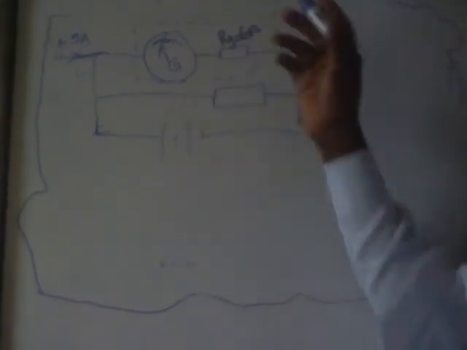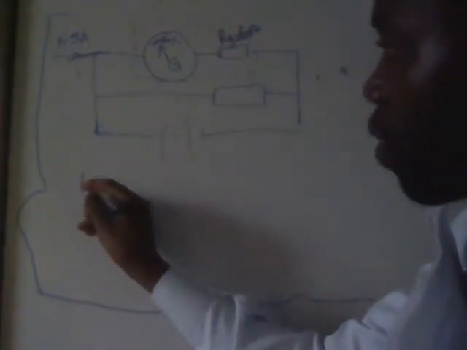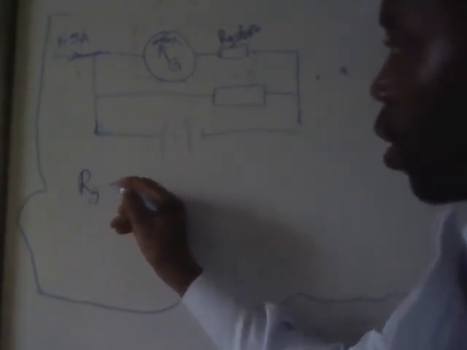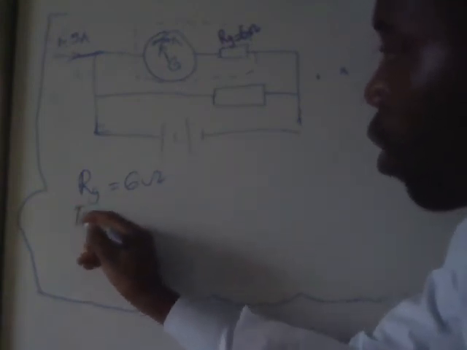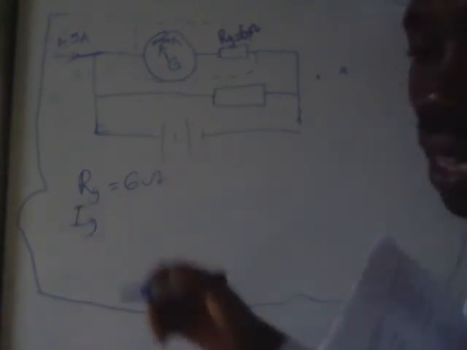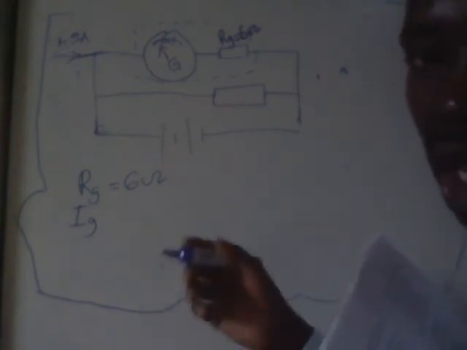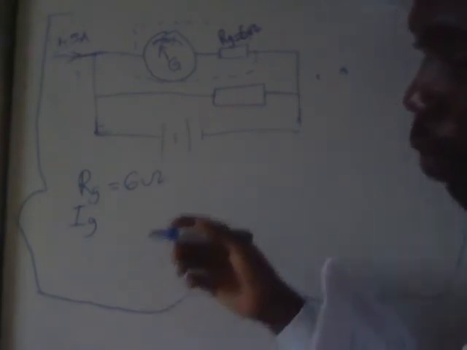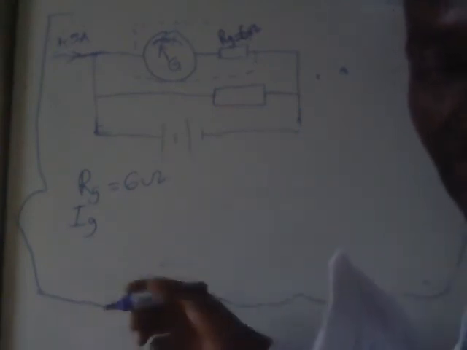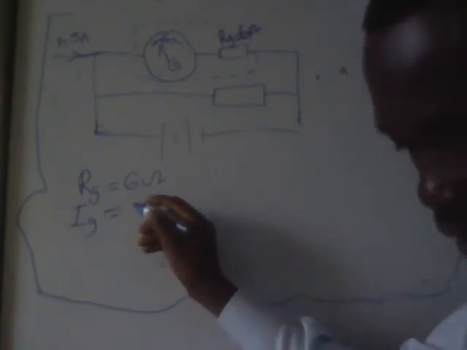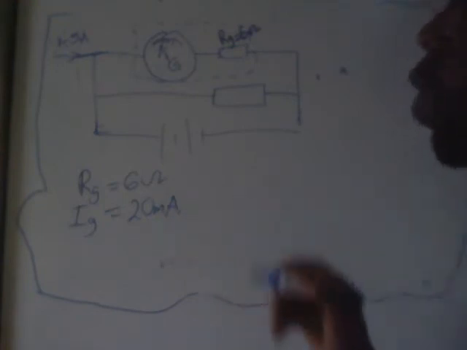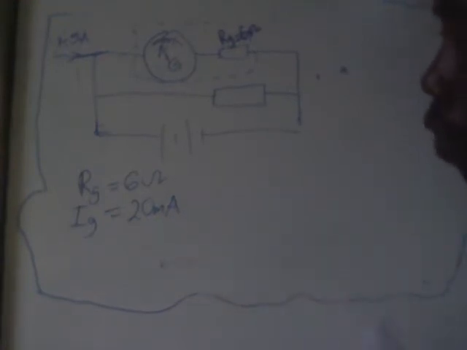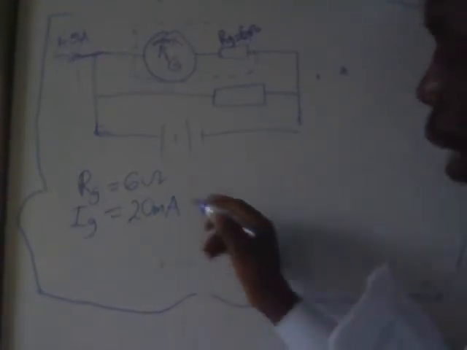Let me write it as parameters. Resistance of the galvanometer R_G is 6 ohms. Then the current of the galvanometer, I'm using capital I, subscript small g, equals 20 milliamperes. We have to convert milliamperes to amperes by dividing by 1000: 20 over 1000.